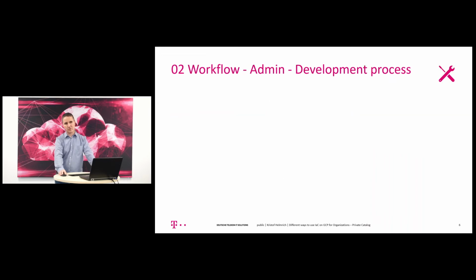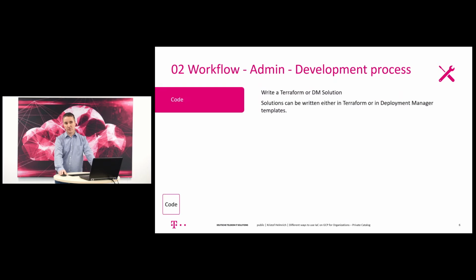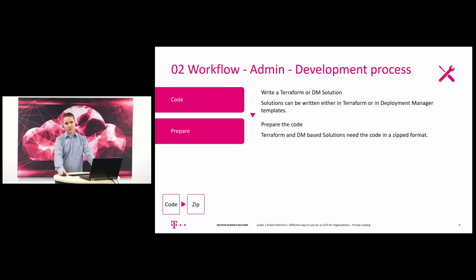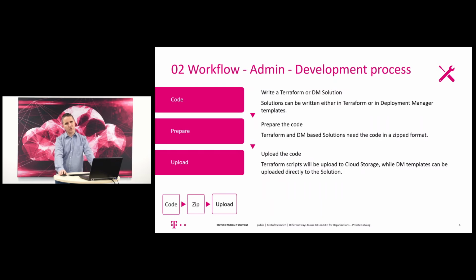Let's have a look at the workflow. First of all, we have to write code as a Terraform or Deployment Manager solution. Then we have to compress the code in a zipped format. We have to upload the code to cloud storage in case of Terraform deployments. In case of Deployment Manager templates, it can be uploaded directly to the solution.